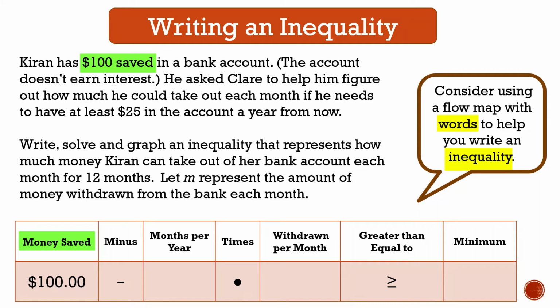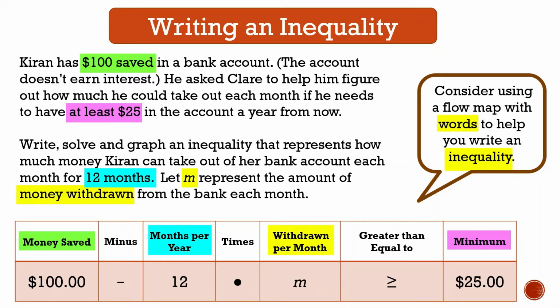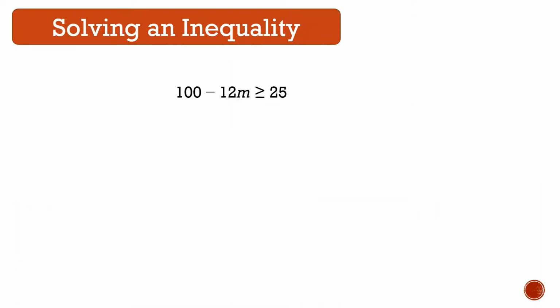He has $100 saved. He wants at least $25. That's the minimum. There are 12 months that he'll be withdrawing, and M represents how much is withdrawn each month. My inequality then is 100 minus 12M is greater than or equal to 25.